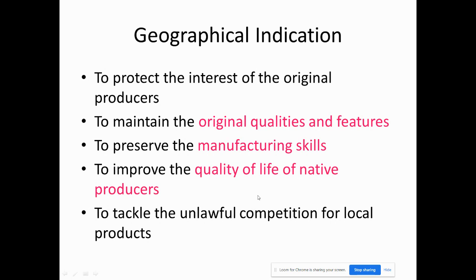So in order to protect their investment and their skills, you require a GI tag for the product. If somebody is using a GI tag, that means the product is authentic to the place. So a person from Ahmedabad or a person from Delhi cannot use the same GI tag. It is a method to tackle the unlawful competition of local products.